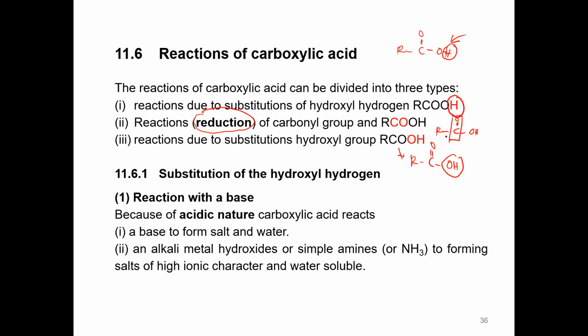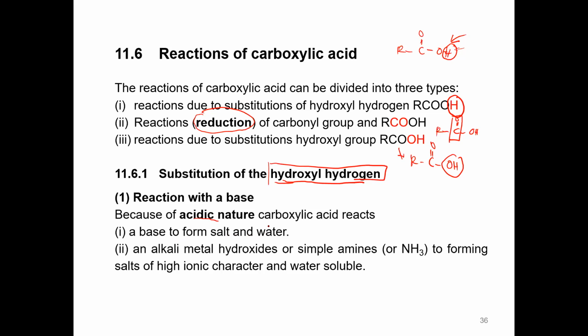So you need to know. Okay, so the first one, substitution of the hydroxyl hydrogen means we substitute the hydrogen from the carboxylic acid, this one. Because of its acidic nature, carboxylic acid reacts with a base to form a salt and water. We already know that carboxylic acid's property is acidic.